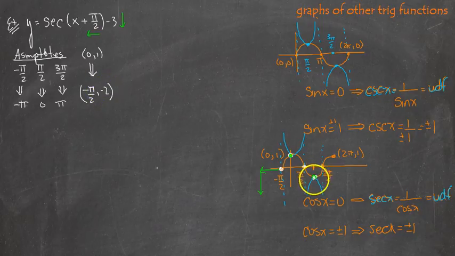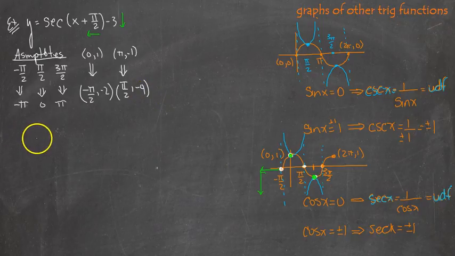And then the other point I care about for this translation is at pi, negative 1. It's going to map to pi take away pi over 2, which is pi over 2, and negative 1 take away 3, negative 1 minus 3, is negative 4.